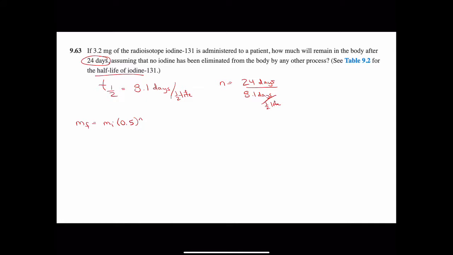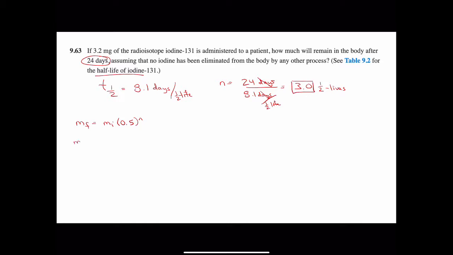You can see that days are going to cancel out, and I'll end up with the number of half-lives, which should only have two significant figures, and I get 3 half-lives. So that's my n. It's going to be 3.0.